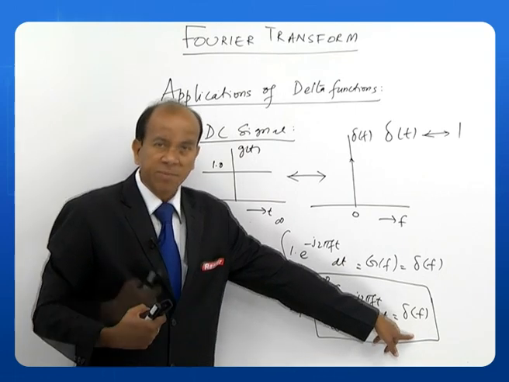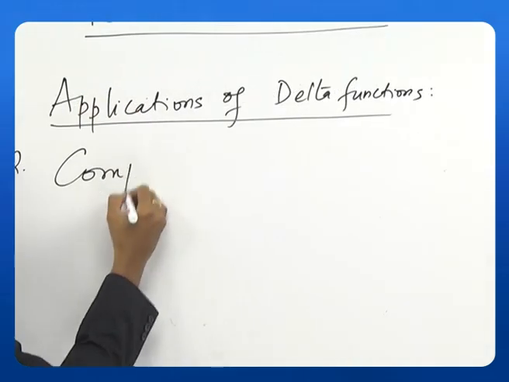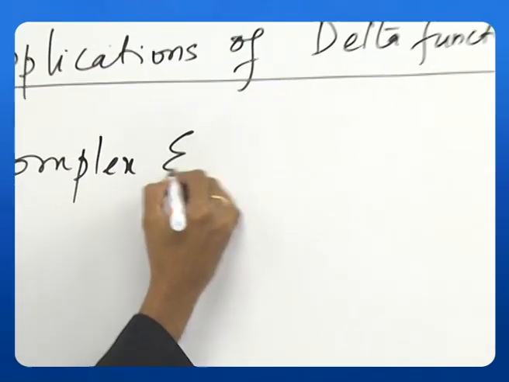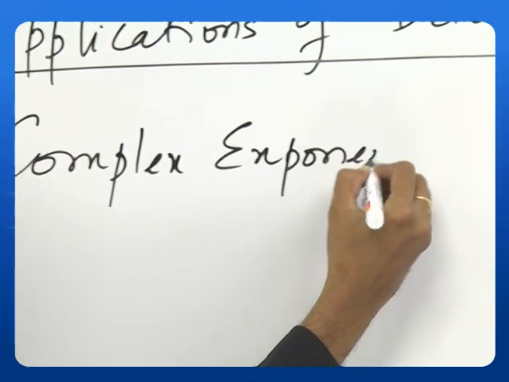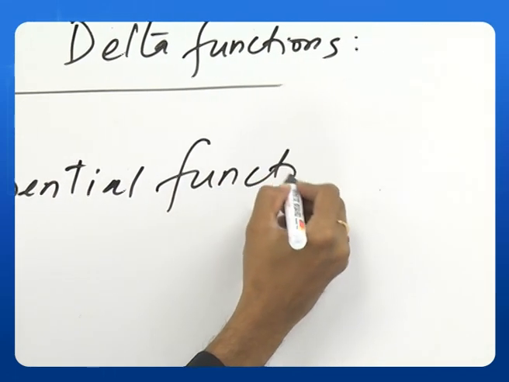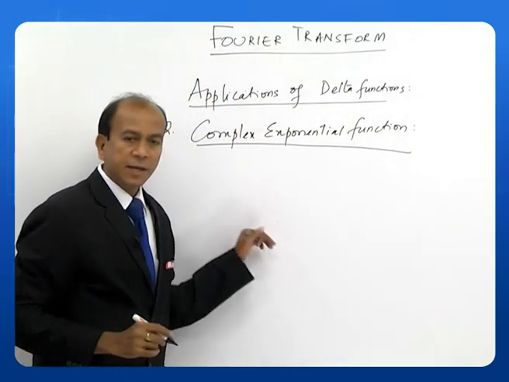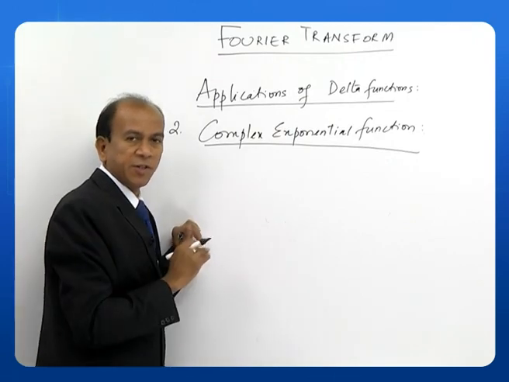Now, let us see the second application of delta function, that is the complex exponential function. Let us look at the second one, the complex exponential function.